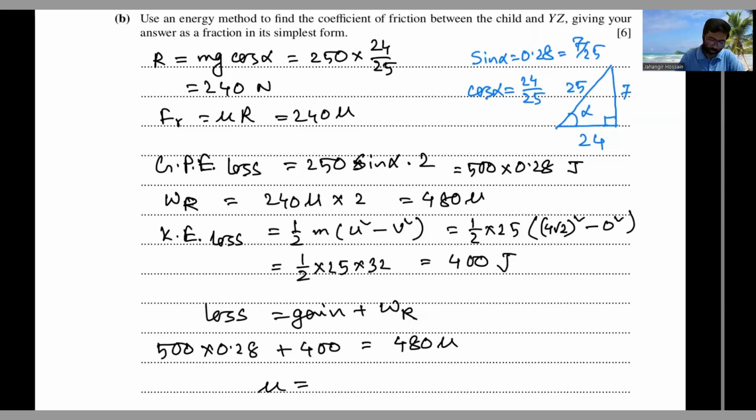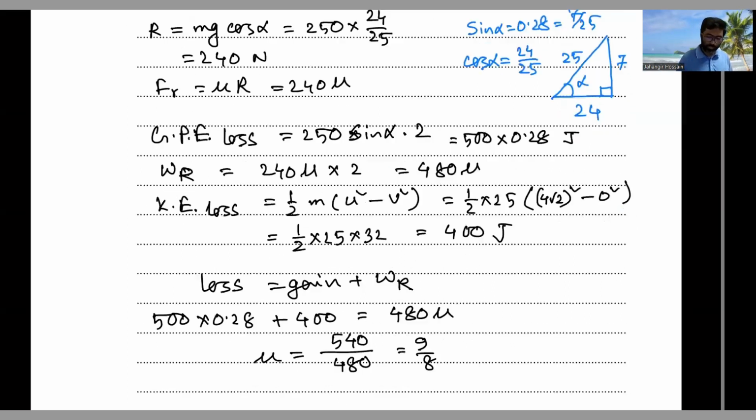So mu is 500 into 0.28 plus 400, that's 540, divided by 480, which gives 9 by 8. That's the coefficient of friction in exact terms.